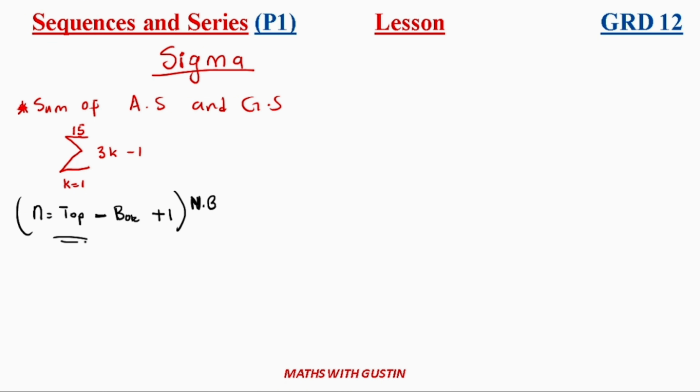So please take note of this formula right here. The other thing that they would do, they will ask you to find the sum and present it in sigma notation. I will show you with examples to come as well.